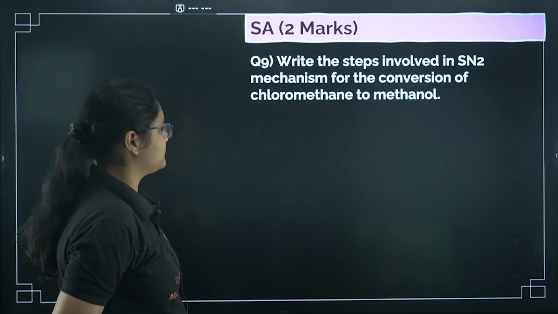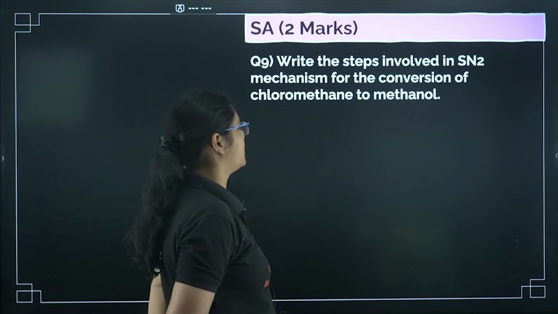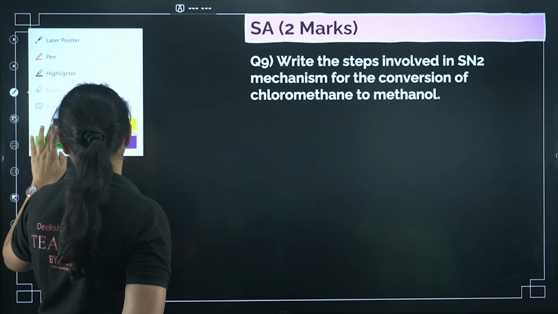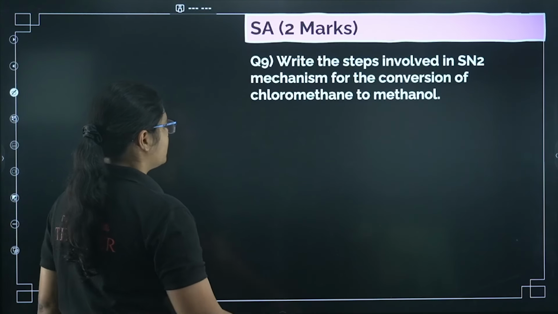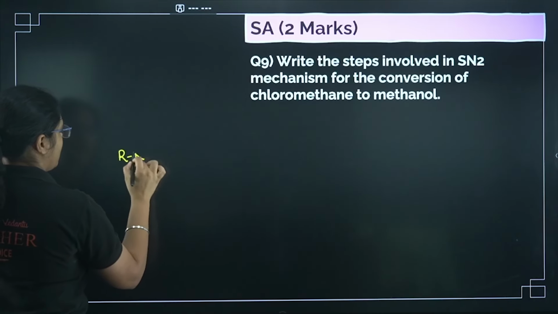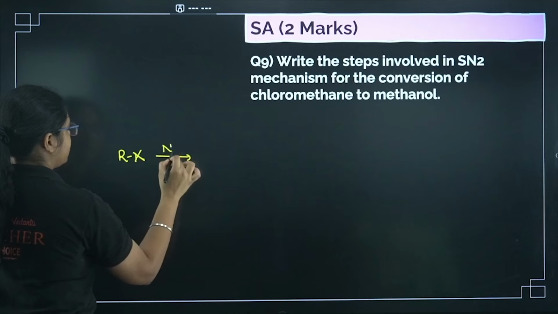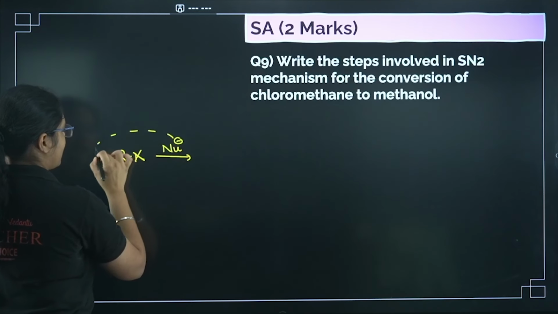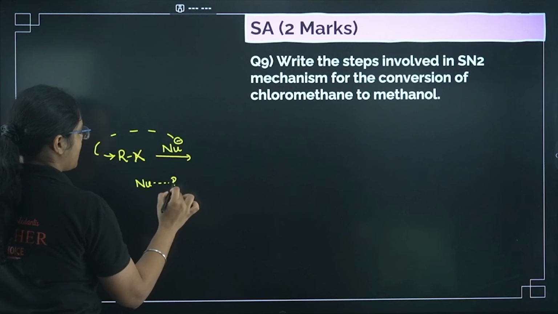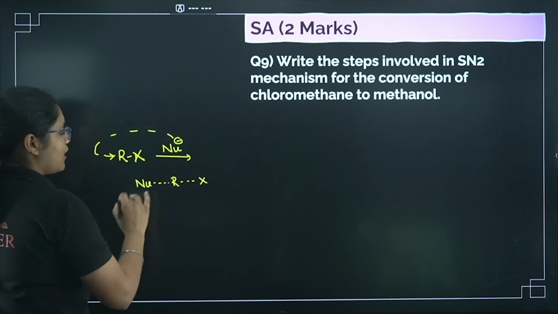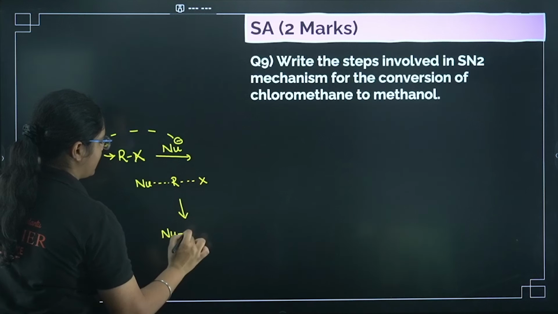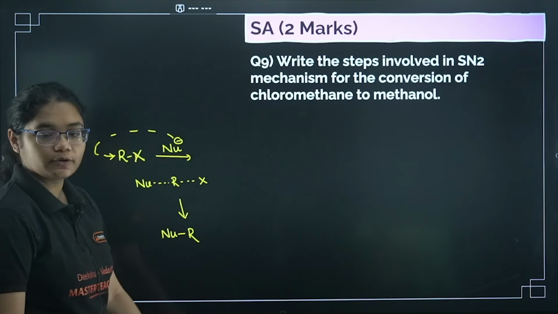Next question: write the steps involved in the SN2 mechanism for the conversion of chloromethane to methanol. SN2 is a one-step reaction. When you have RX and the nucleophile comes, the nucleophile attacks R from the opposite side. The R-X bond breaks and the nucleophile-R bond forms.